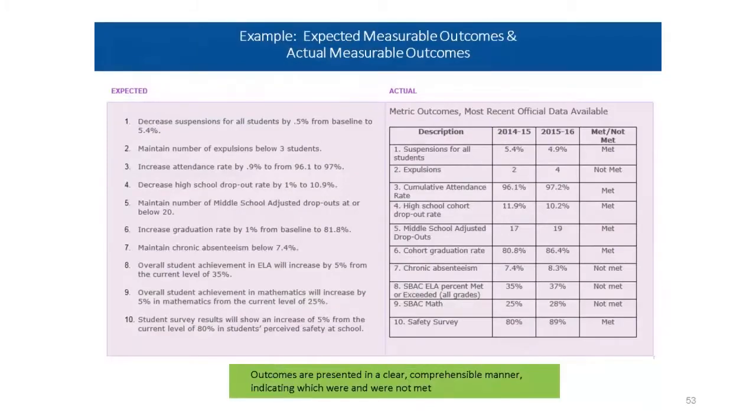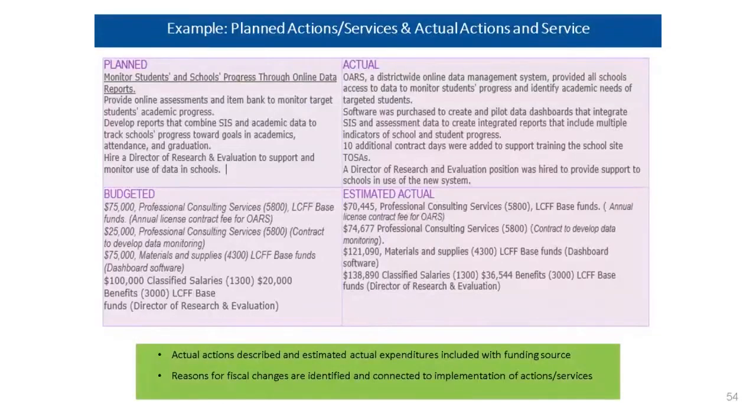This is an example of how one LEA reported their outcomes. By clearly indicating whether or not the outcome was met, they have made it easy to read and comprehensible for the reader.